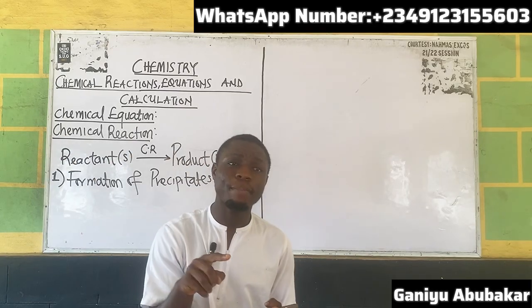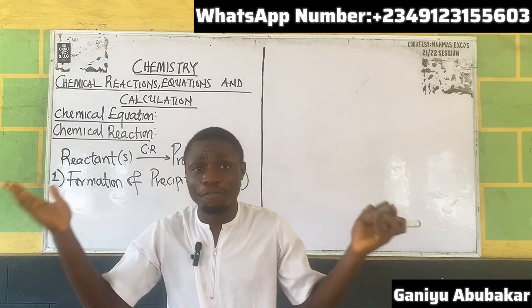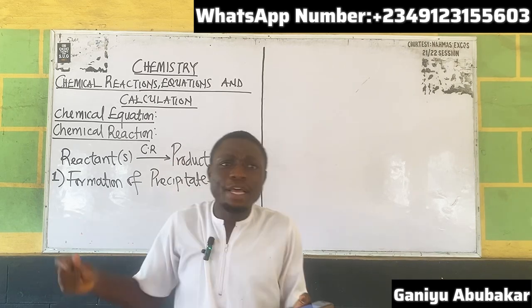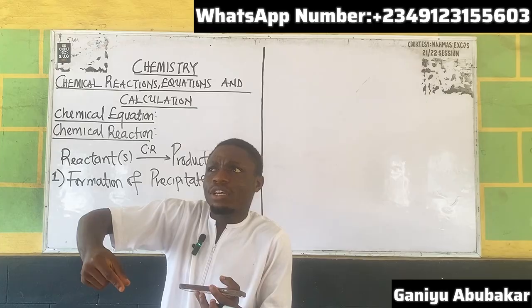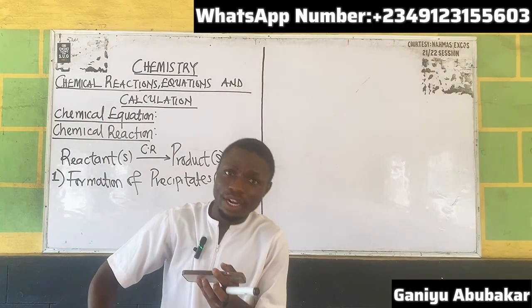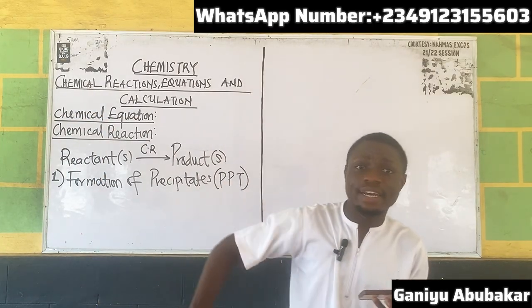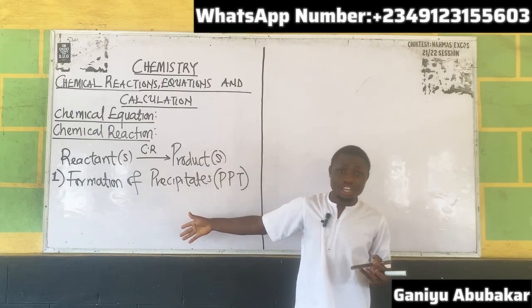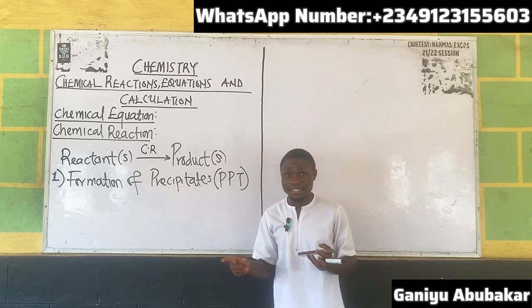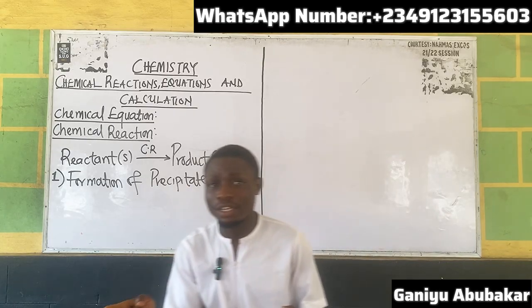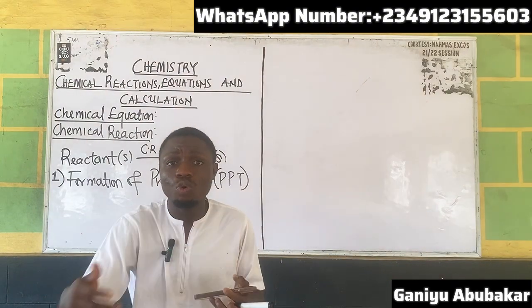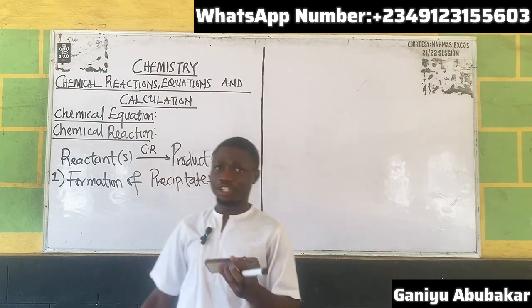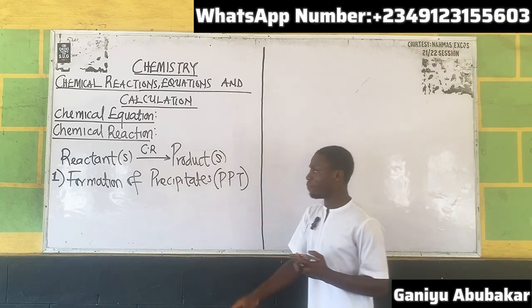So if you're in a lab combining several substances together, and you observe that a precipitate is formed, perhaps a white insoluble solid in that liquid, it means a chemical reaction has taken place. It means that the substances or chemical liquids have undergone a chemical reaction. Number one is called formation of precipitate.